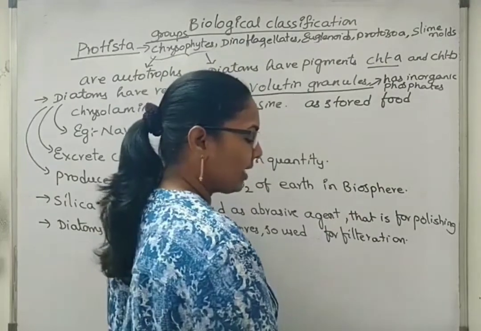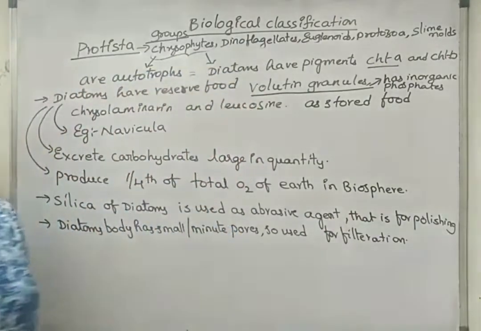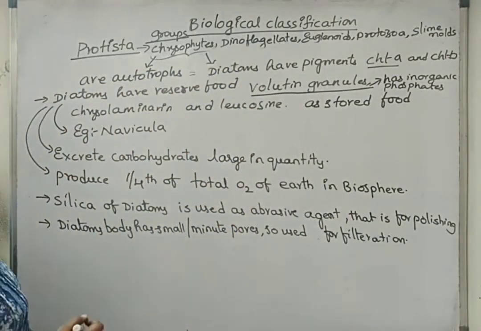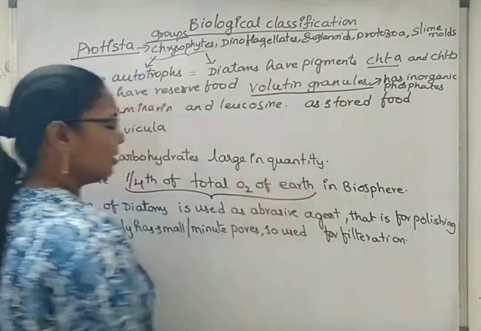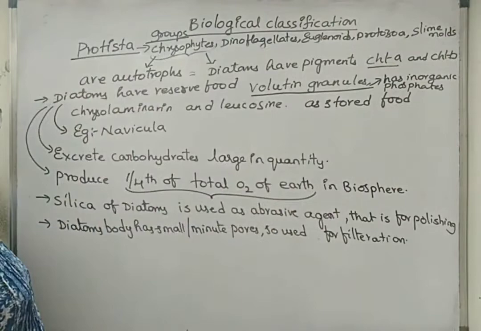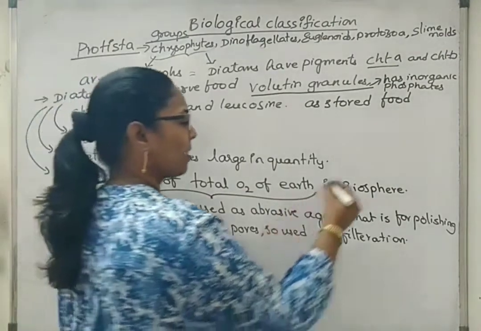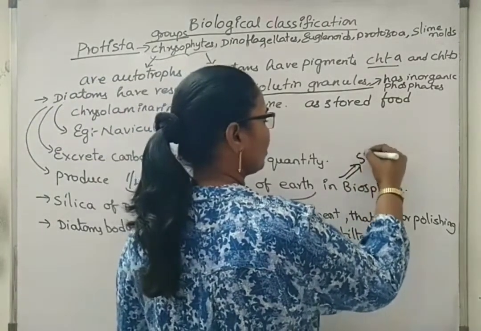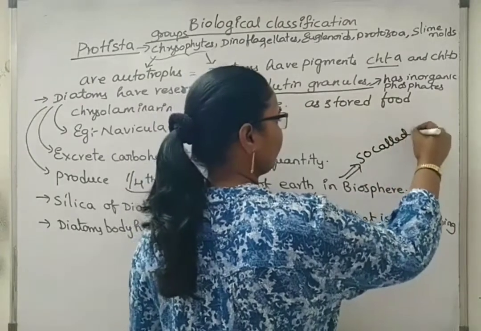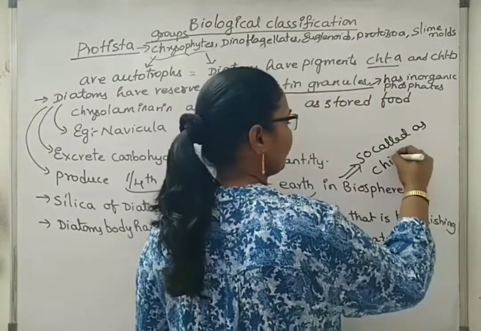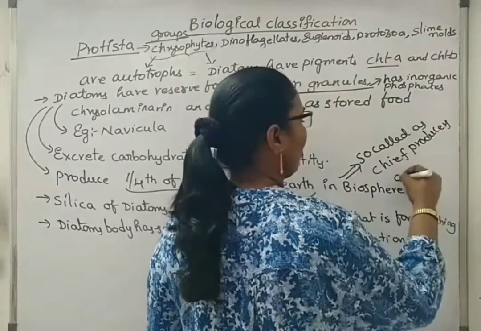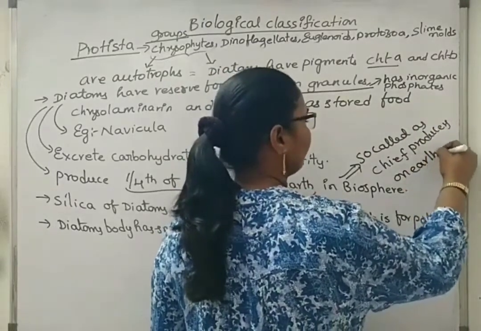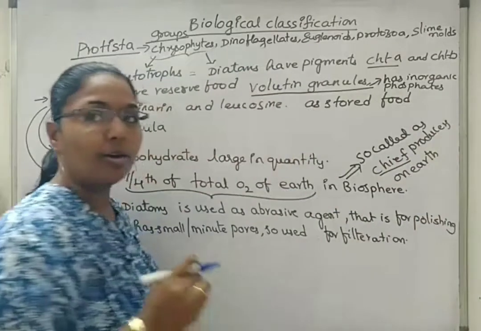Diatomaceous earth or diatoms are given a special term, chief producers on Earth, because they produce nearly one fourth of the total oxygen of Earth. Chief means main or important.